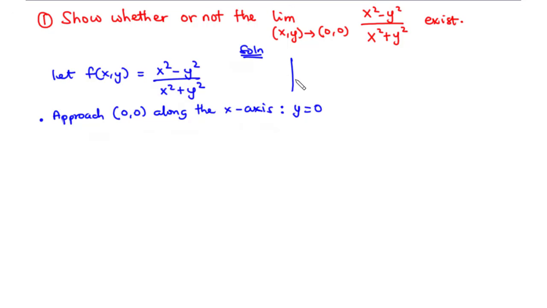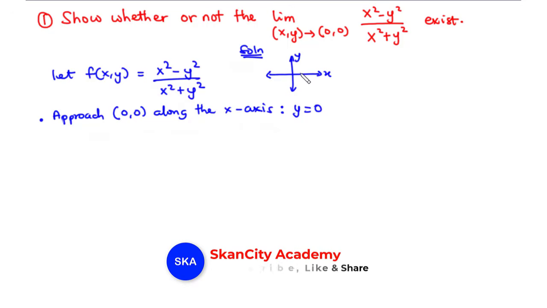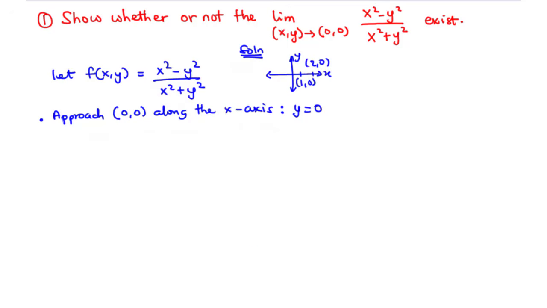So if you take the xy plane, this is y, this is x. Along this line, we have y to be 0. We can select a point here, that is (1, 0), and another point, (2, 0), and so on and so forth. Along this line, y is equal to 0.